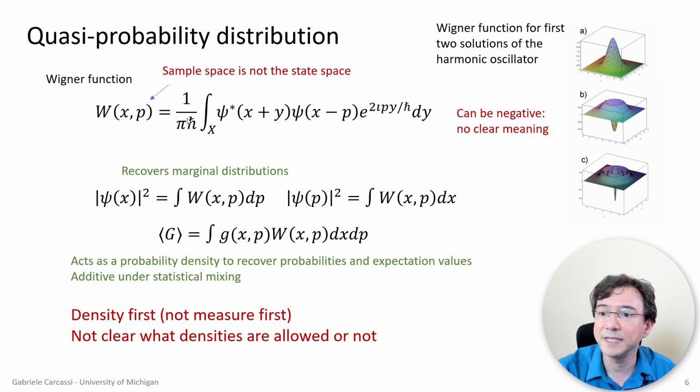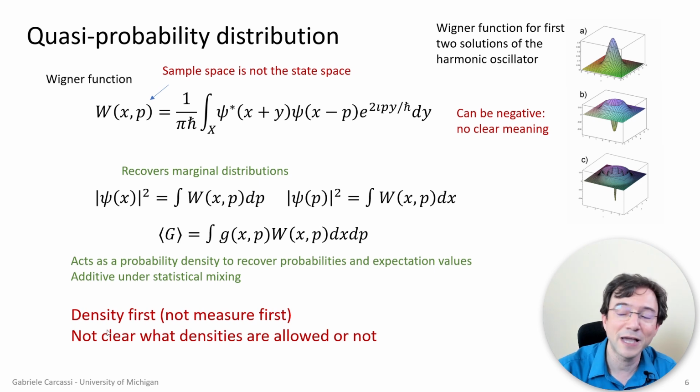However, the problem is that this function can be negative, and it's not really clear what it means to have a negative probability. On the measure theory side, it doesn't work exactly like you would expect, in the sense that when you do probability with measures, you first define the measures and then you define the probability density.